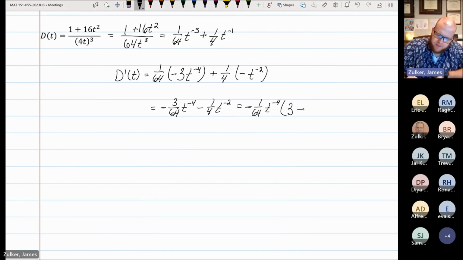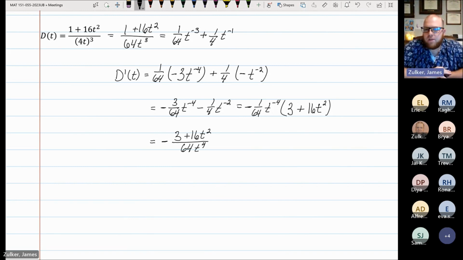Left with 3 plus 16t squared. All right. Derivative: negative 3 plus 16t squared all over 64t to the 4th.